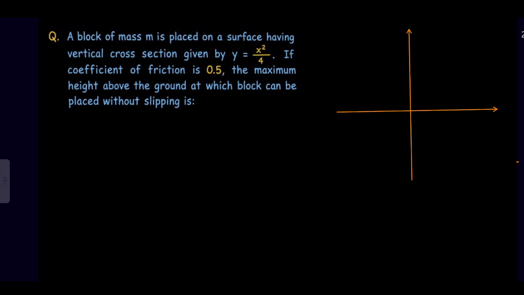Whenever we have y equal to k into x, with x power 1 and y power 1, that is a linear graph. If the power is more than 1, then it is a non-linear graph.